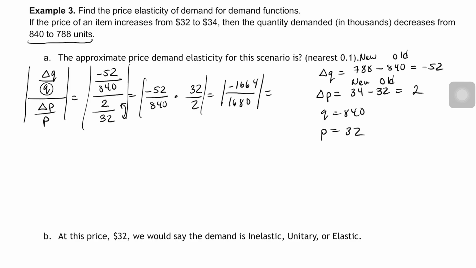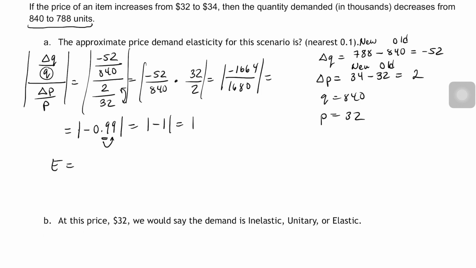If we divide those two numbers, we get roughly an absolute value of negative 0.99, and this is saying that we're going to round this to the nearest 1, right? So if we round this to the nearest 1, that means we're going to round up. So this will be negative 1, and the absolute value of negative 1 is 1.